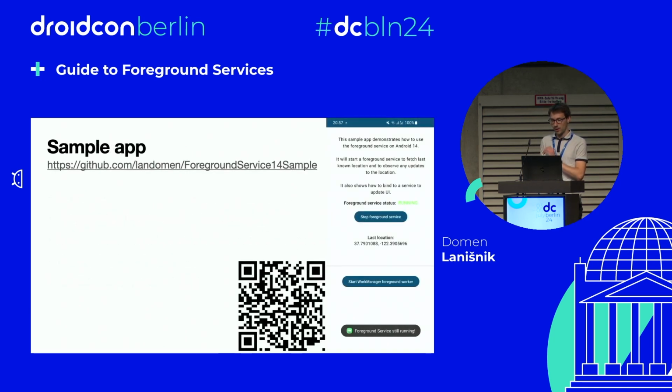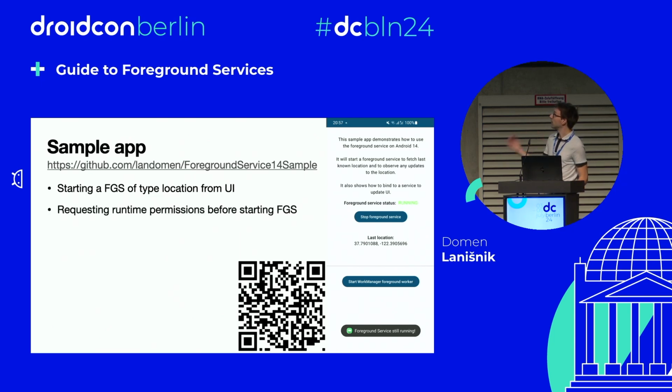If you are interested more in the code, I have a sample app available that you can check out. It shows how to start a foreground service of type location from the UI, and how you can request all of the runtime permissions that you need to start the service, making sure that everything is fulfilled.